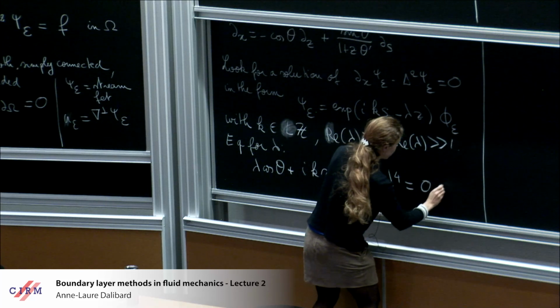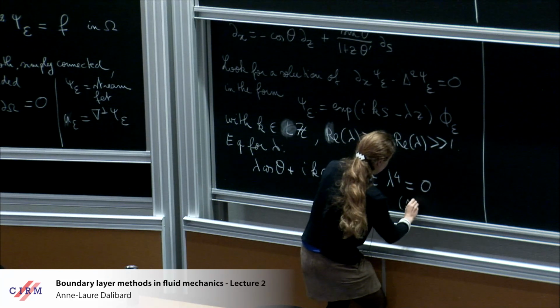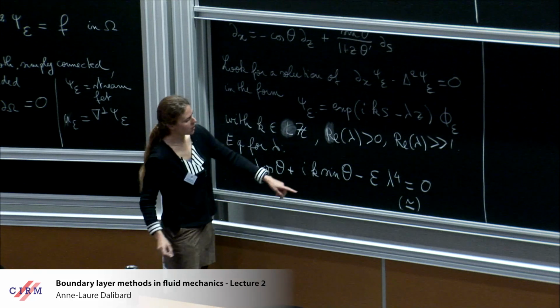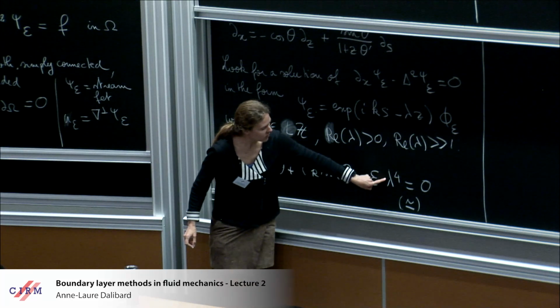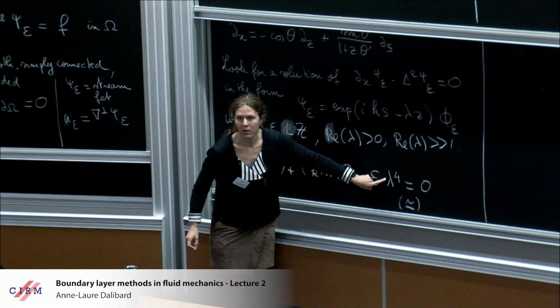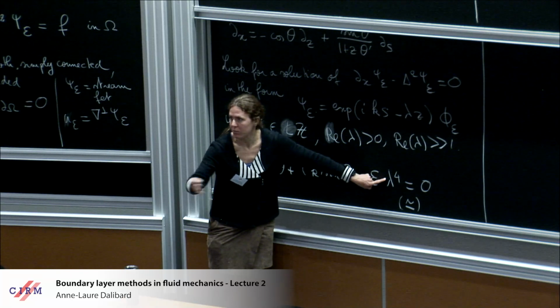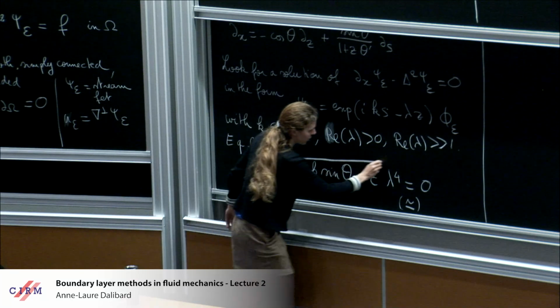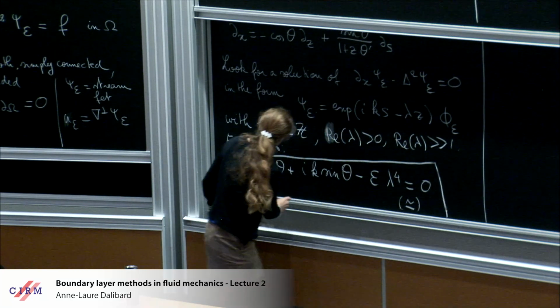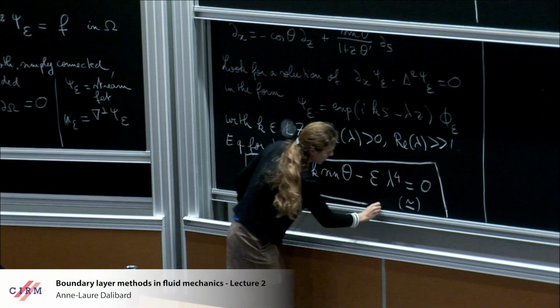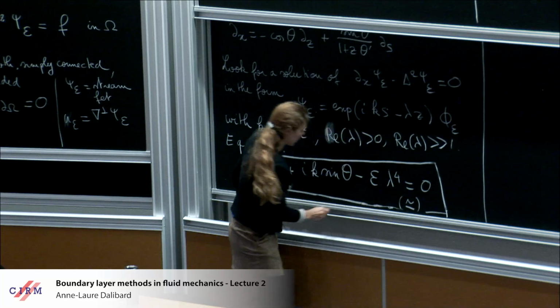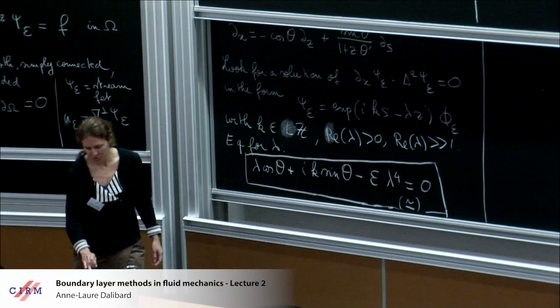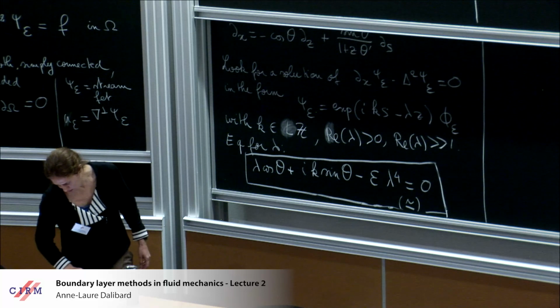Actually it's not equal to 0, it's almost equal to 0, because next to this lambda^4 there are other terms like k^4 or things like that that I'm neglecting here. Okay, so this is my equation for the boundary layer sizes. Again, just checking the signs.